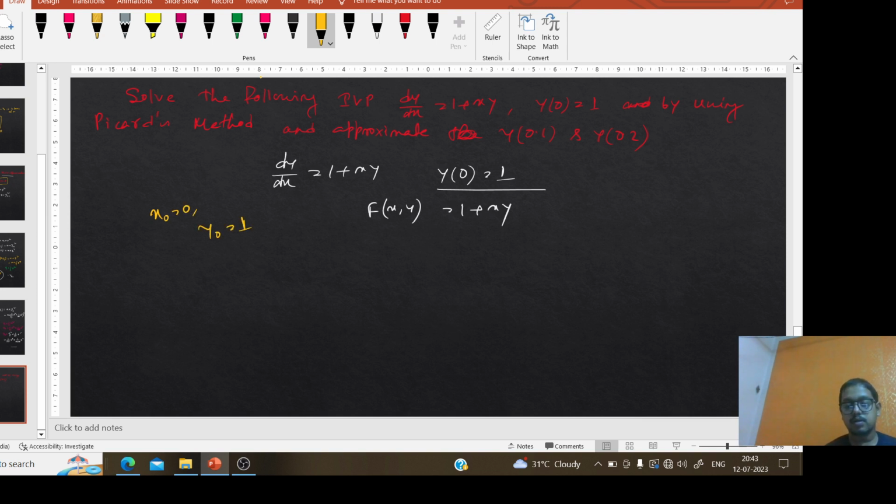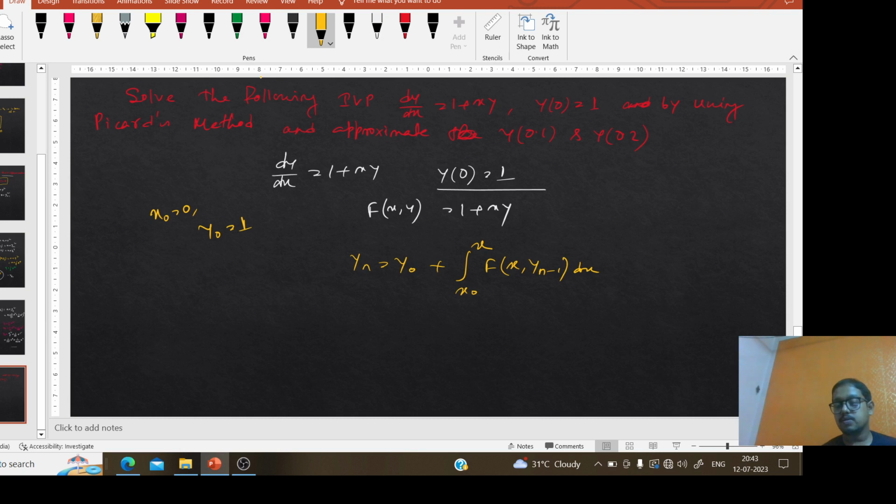So now we can apply Picard's method, or the Picard's approximation: y is equal to y0 plus the integral from x0 to x of f of x comma y(n-1) dx.